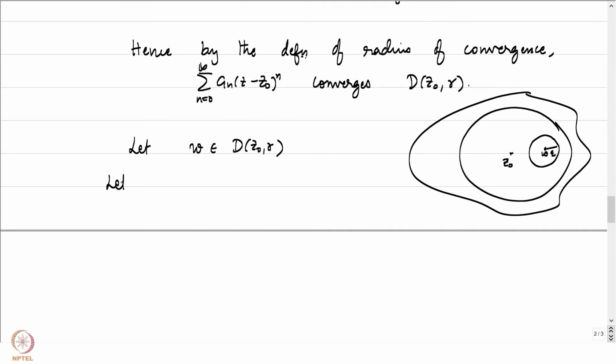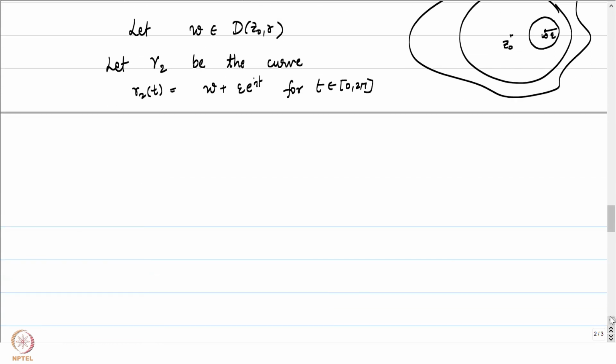Let gamma 2 be the circle, the curve gamma 2 of t equal to w plus epsilon e to the power it, for t in 0 to 2π, where epsilon is such that the closure of the disk of radius epsilon around w is contained in D(z0, r).